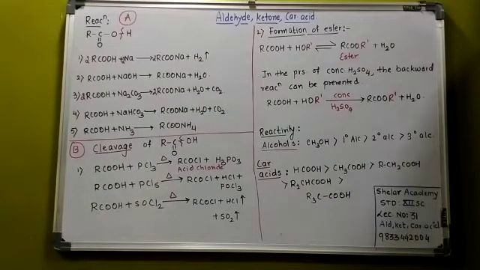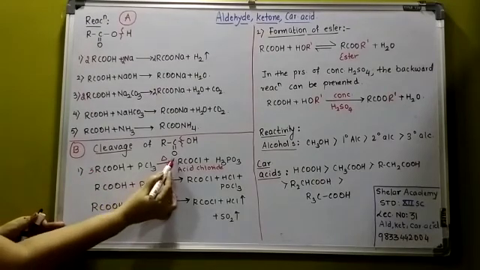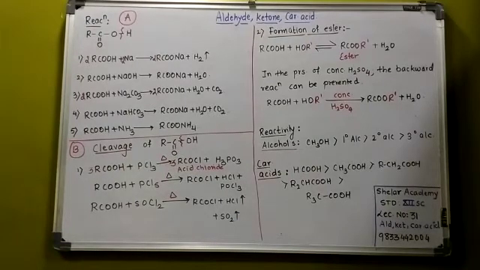Now these reactions, they are very similar to the reactions of alcohol. If you remember, the only difference is यहाँ पे the product you are getting is एसिड क्लोराइड. वहां पे आपको क्या मिला था, वहां पे अल्कोहल मिला था, राइट. सो यहाँ पे यू विल बी गेटिंग एसिड क्लोराइड.